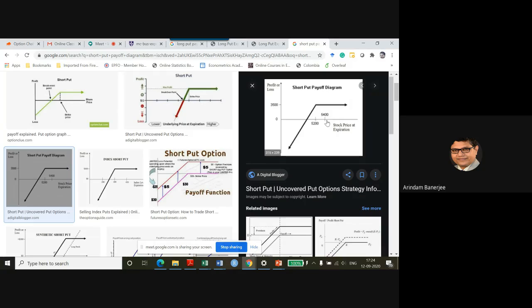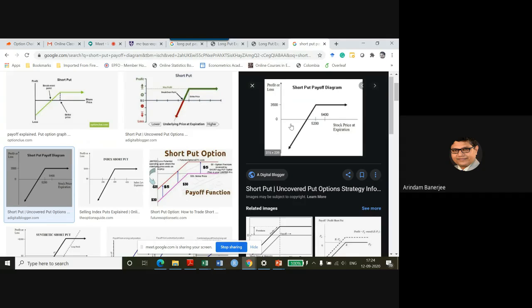But if the price falls, if the price comes down, then the buyer will exercise. If the buyer exercises, then I need to oblige. I have no other way. I have to oblige. So the possibility of loss is maximum in this case.